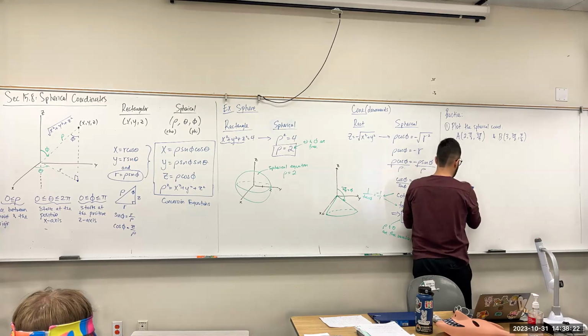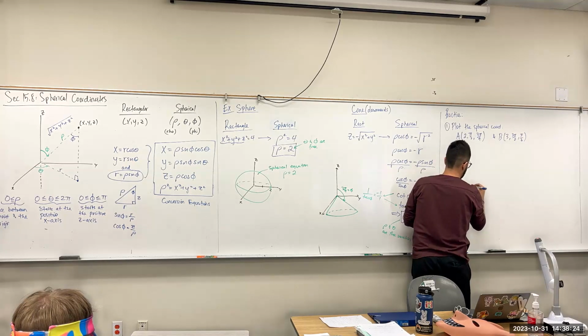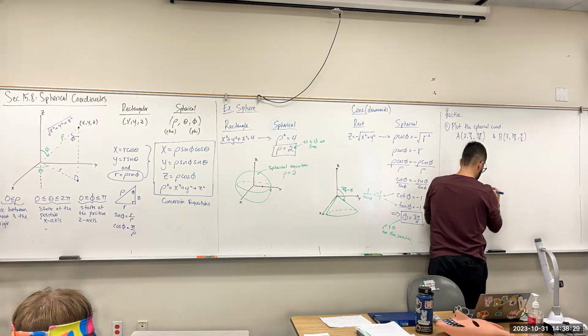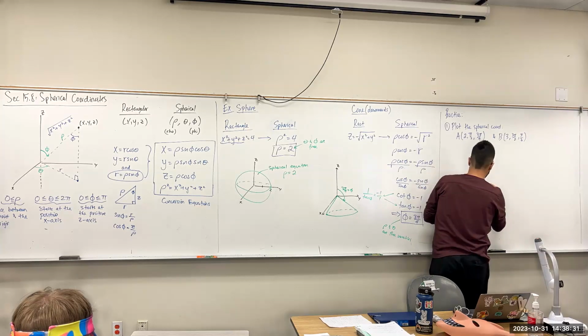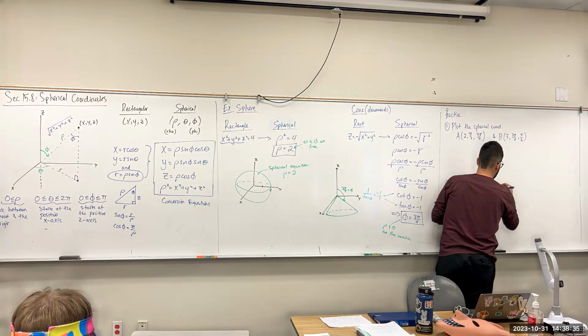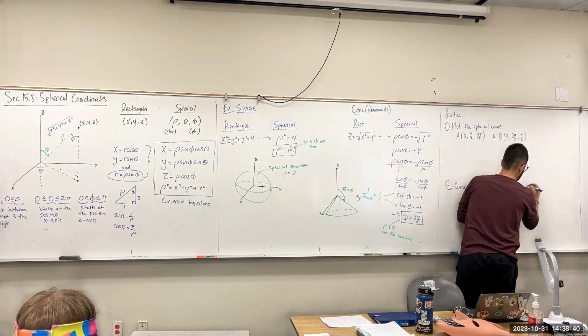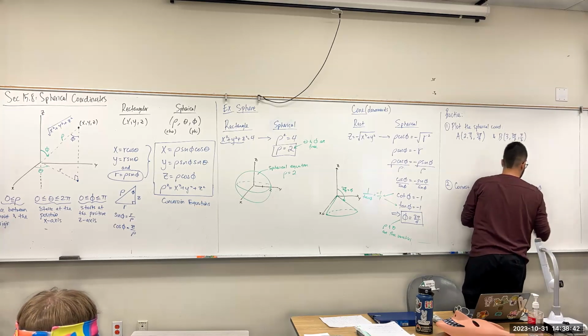And then I want you to convert into rectangular coordinates. Rho equals 2 cosine phi.